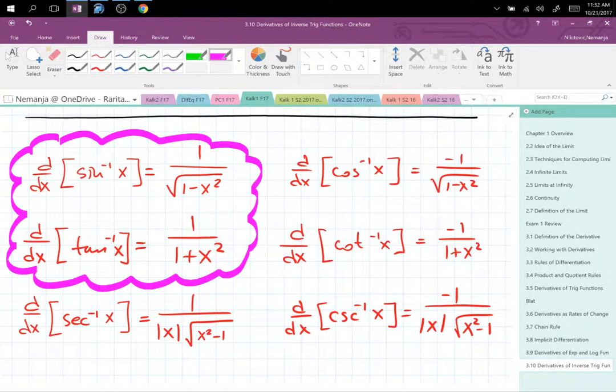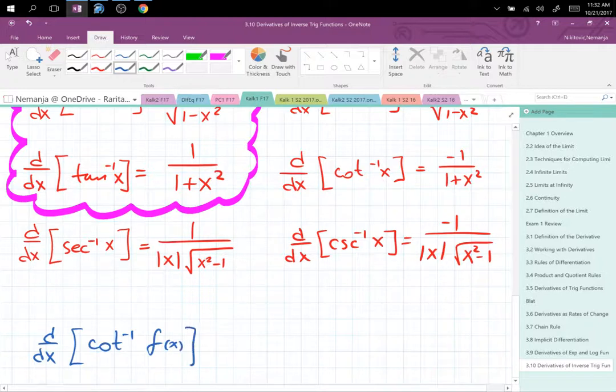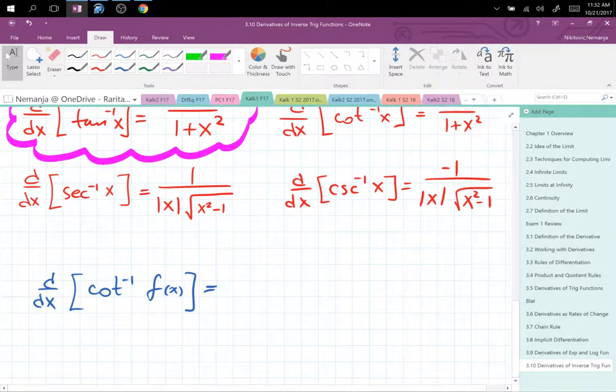Now, I will pick a random formula, let's say cotangent inverse, and make it better, because we can. It's not cotangent inverse of x, it's cotangent inverse of any function.